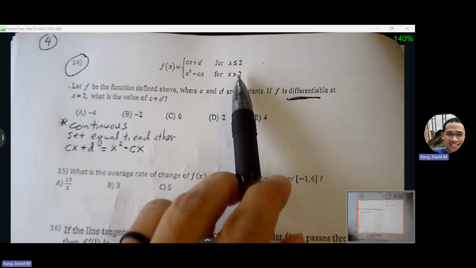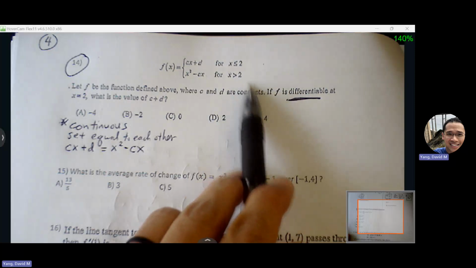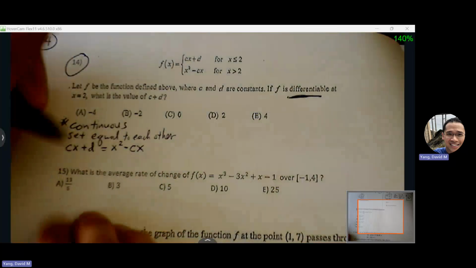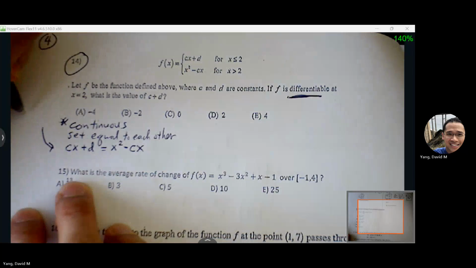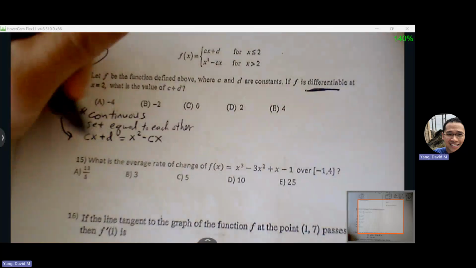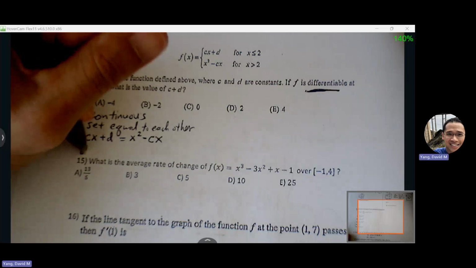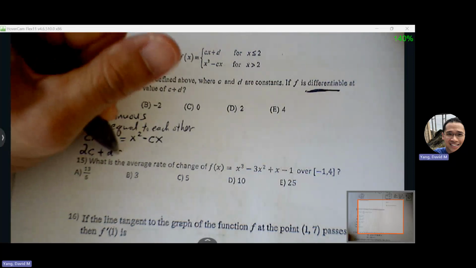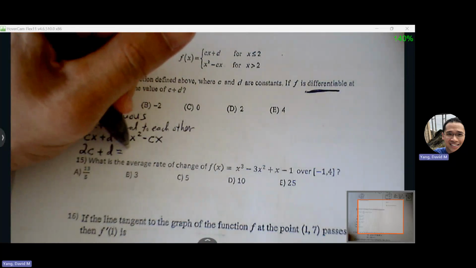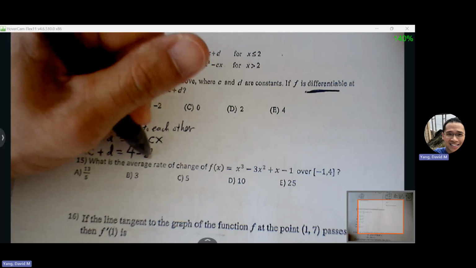And we know every x is at 2, because they must be meeting at 2. I can replace x with 2. So I get 2c plus d is equal to 2 squared, which is 4, minus 2c.